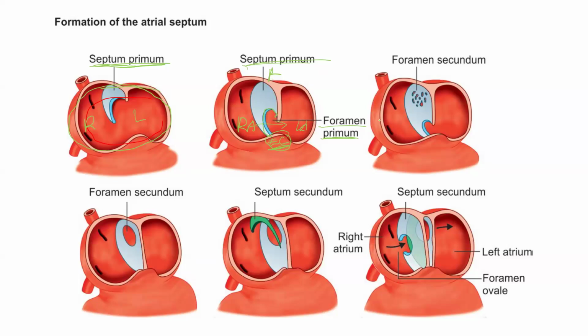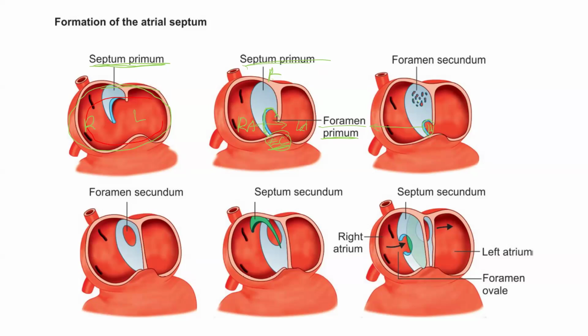But as this septum primum elongates further, the foramen primum is being obliterated. As you can see here, initially it is bigger in size, but as the septum primum grows in size, that foramen decreases in size.